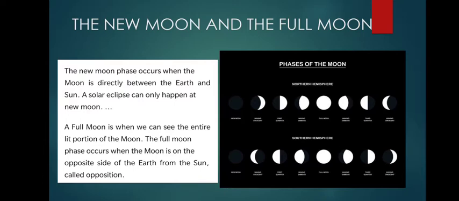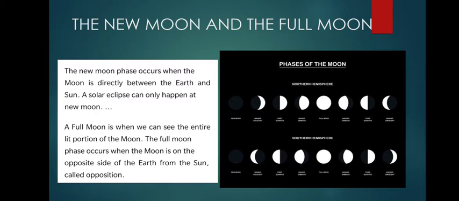I will just give a small explanation. The new moon phase occurs when the moon is directly between earth and the sun. A solar eclipse can only happen at new moon. Okay, children, a full moon is when we see the entire lit portion of the moon.